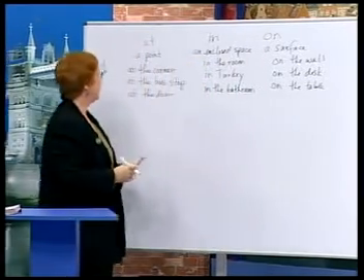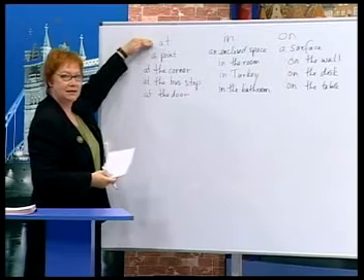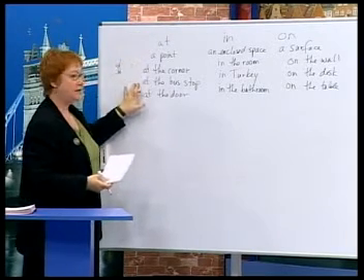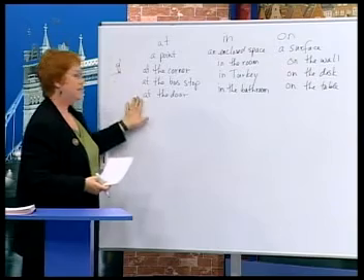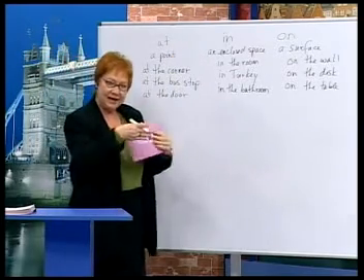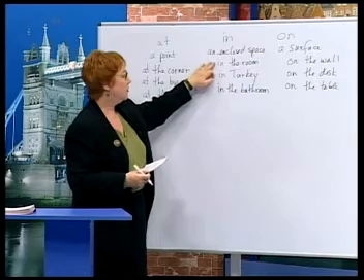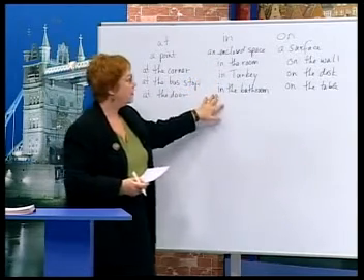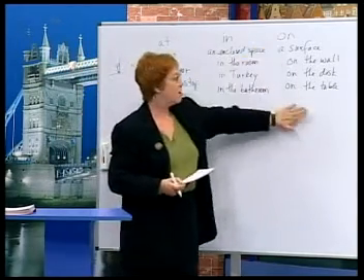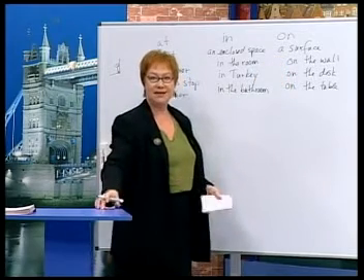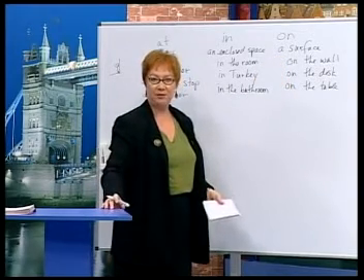So again, we have at, a point: at the corner, at the bus stop, at the door. In is in a space: in the room, in Turkey, in the bathroom. And finally, we have on a surface: on the wall, on the desk, on the table.